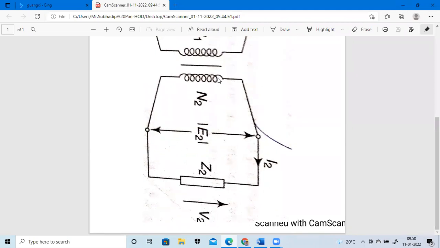Okay. Now, if you want to transfer the impedance from secondary side to primary side, the secondary side impedance that is represented by Z2, if you want to transfer it towards the primary side, just see here.